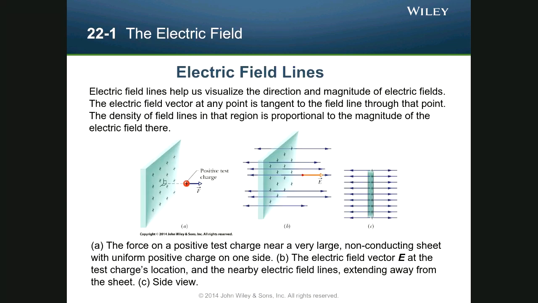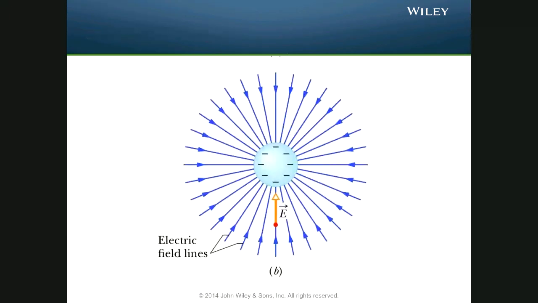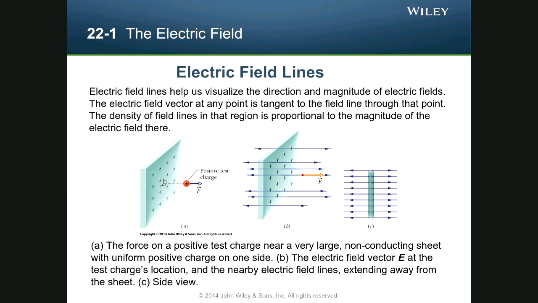Unlike our previous charge distribution, where the field lines all come in and end on the negative charges, when we look at these positively charged walls, the field starts from the positive charge. So when you're drawing field lines, and you will have a lab that deals with this, field lines always start on positive charges and end on negative charges.